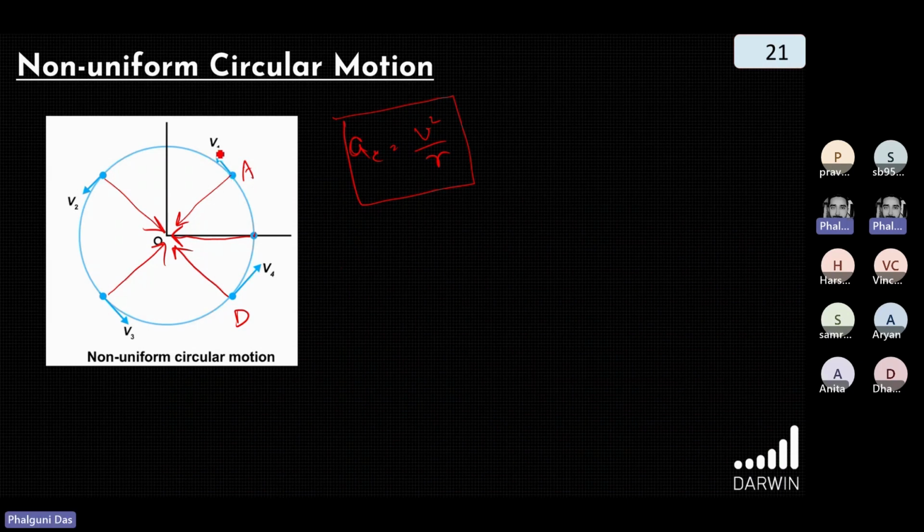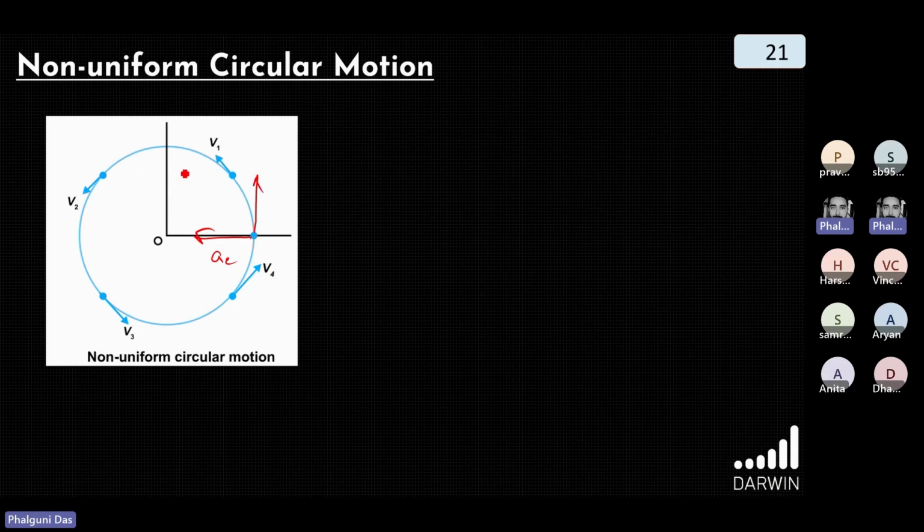Another thing that gives us is the resultant acceleration. You see, in non-uniform circular motion, what happens? There are two accelerations. One acceleration that is AC towards the center, and a tangential acceleration that is towards the tangent. So these two are perpendicular. That's the reason in non-uniform circular motion, there comes a resultant acceleration.